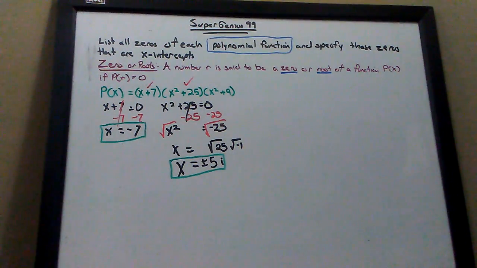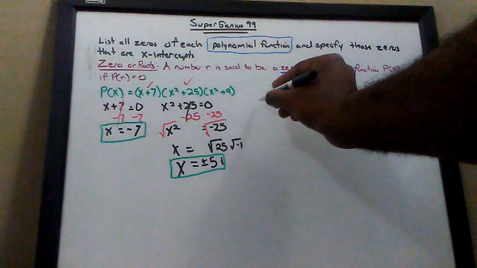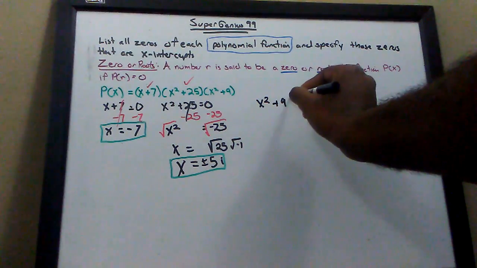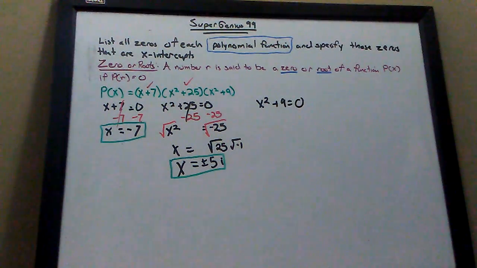Now on to the third one, x squared plus 9. So take that, set it equal to 0. Solve for x. How do you isolate the x component? Yes, subtract 9 from both sides.